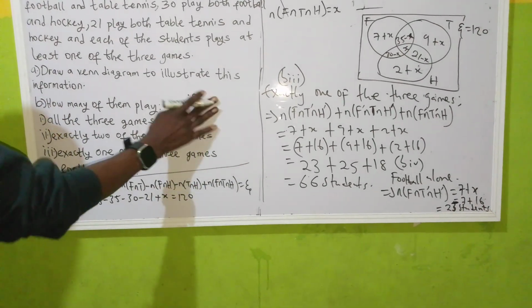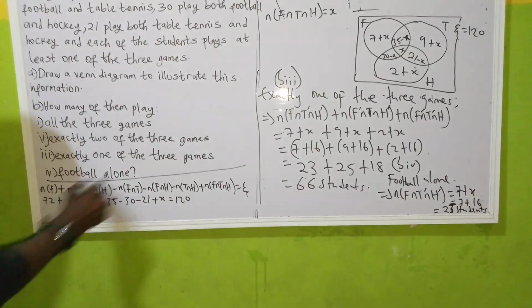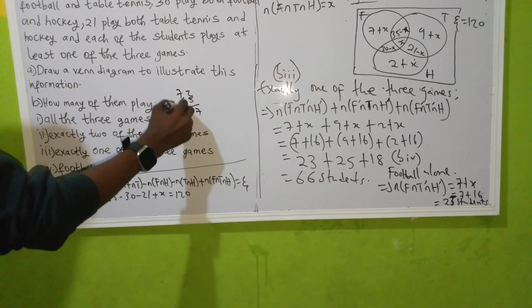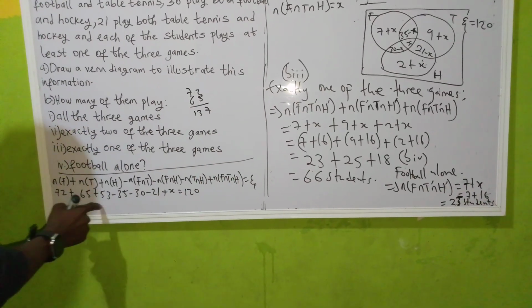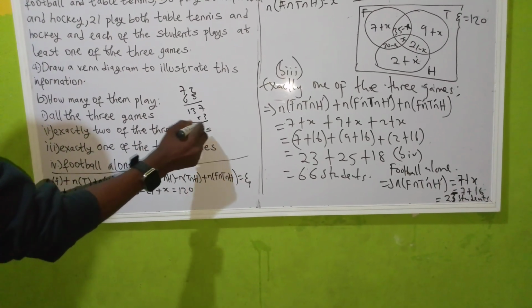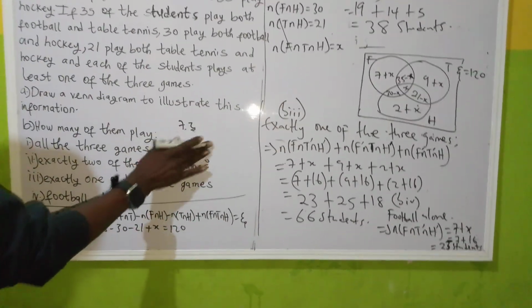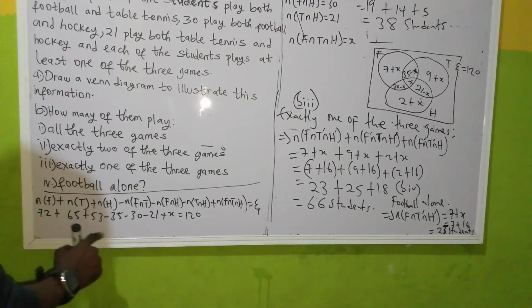I want to add these three together. 72 plus 65 is 137, and 137 plus 53 is 190. So we add these three and we have 190.